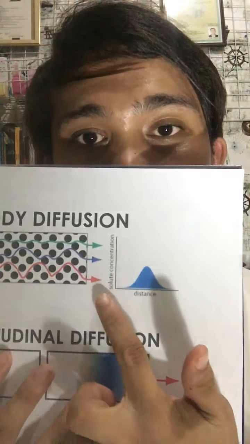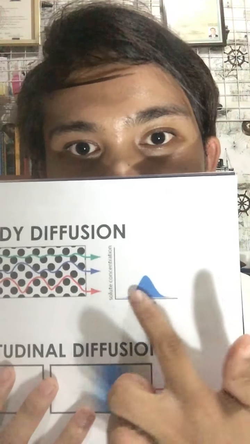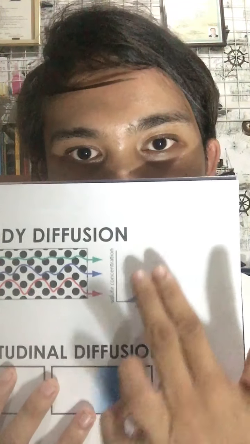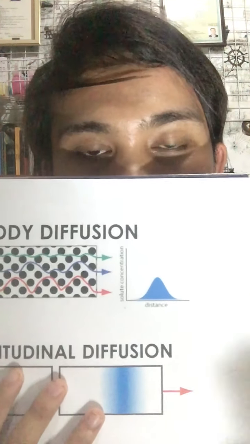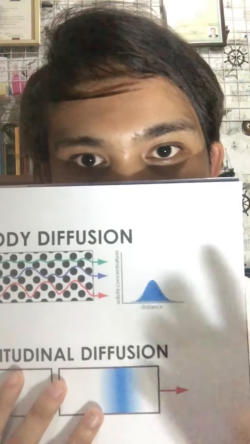If we plot the concentration of the analyte versus the distance traveled by it in the stationary phase during the chromatographic process, we can create a table which is similar to this one. The bandwidth in essence is the difference from this point to this point.